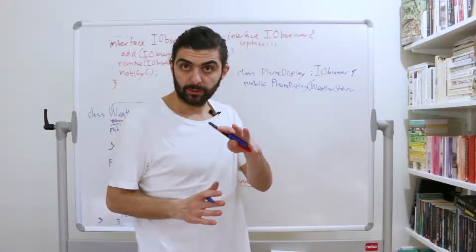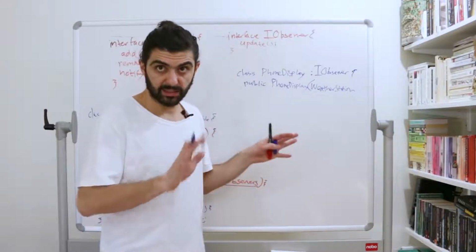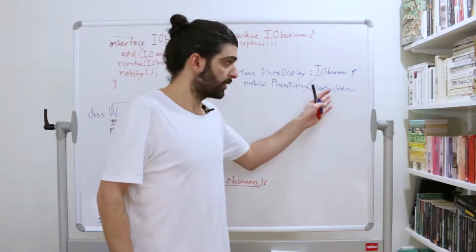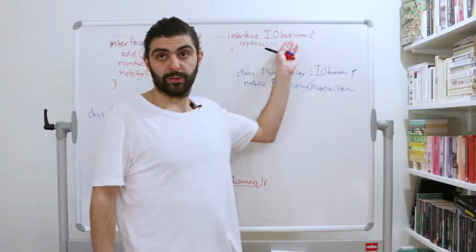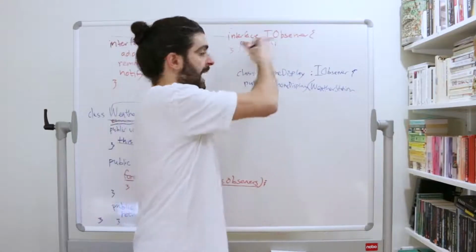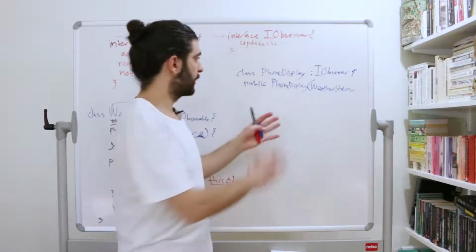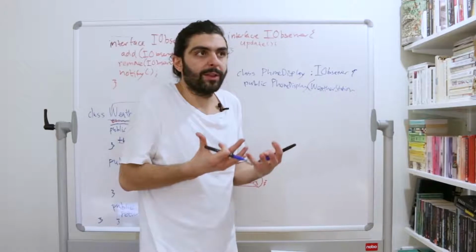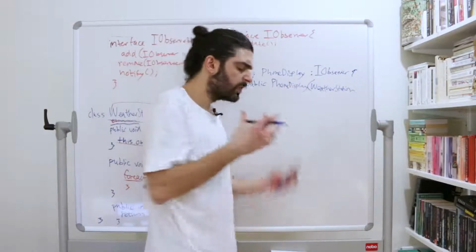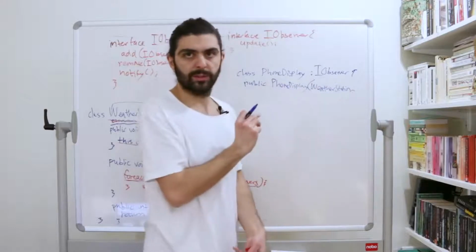And again, don't freak out about coupling to concretions. There's probably a better way to do this. Yes, let's dig into that some other time. But coupling to the concretion weather station here is less bad than if we would have coupled to the concretion weather station up there. Because at least then you have an abstract ancestor up here that isn't coupled to the concept of weather station. But when we have a concrete phone display, that's suddenly a phone display for weather stations. So it doesn't really feel that bad to me that we're coupling to a concrete weather station, right?